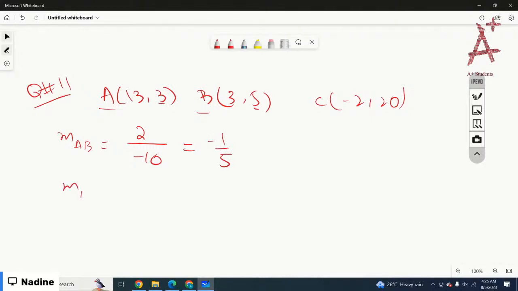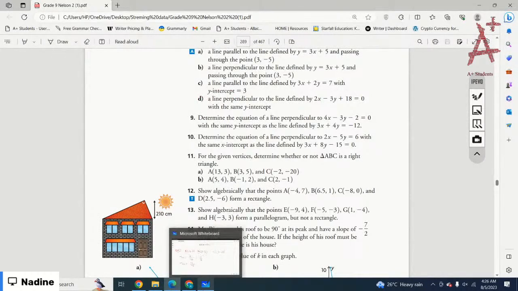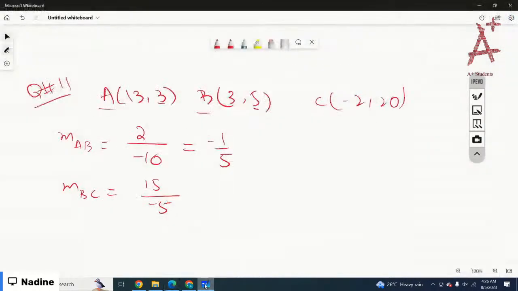Let's just calculate the slope of line BC. Negative 20 minus 5 is negative 25, not 15.